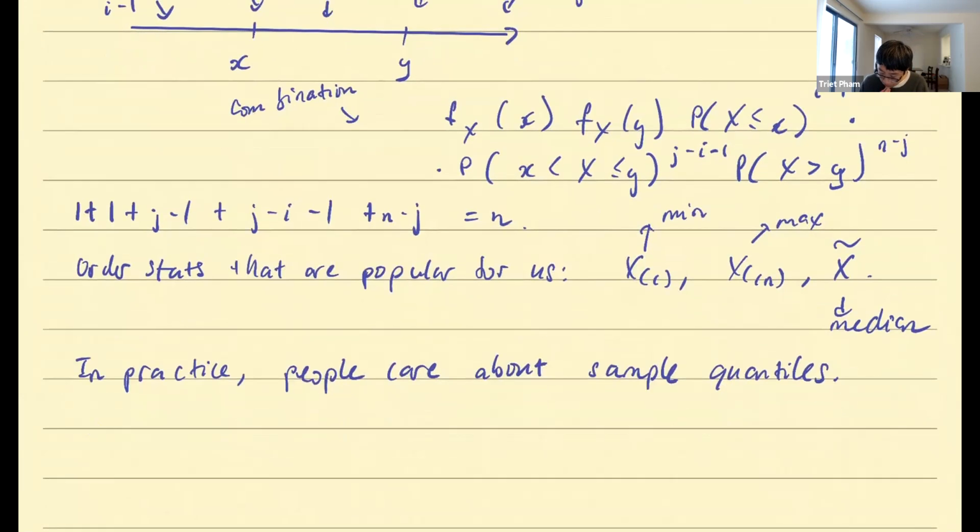All right. Anyway, we won't talk about sample quantiles, but if you have time, you definitely want to look at that and connect them back to order statistics. So we talked about the min, we talked about the max. All right, let's talk about the median. For the median, it's convenient to assume that the sample size is odd.